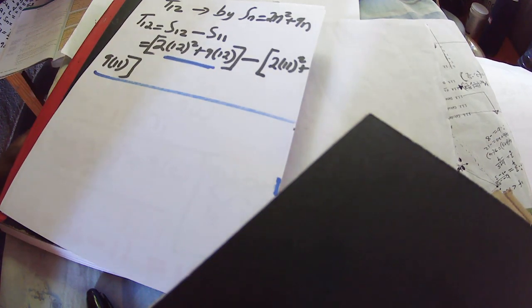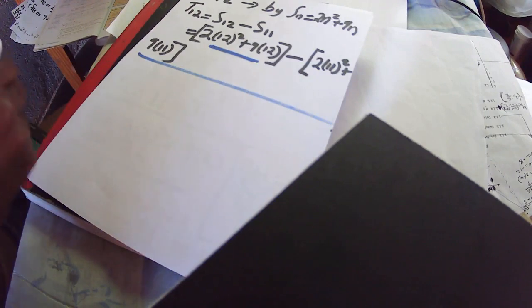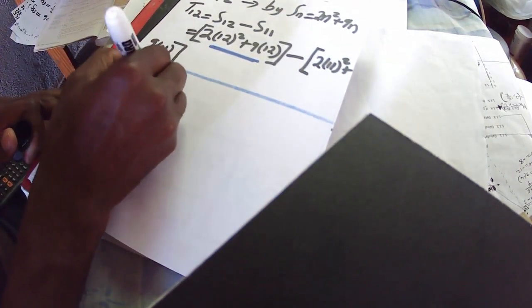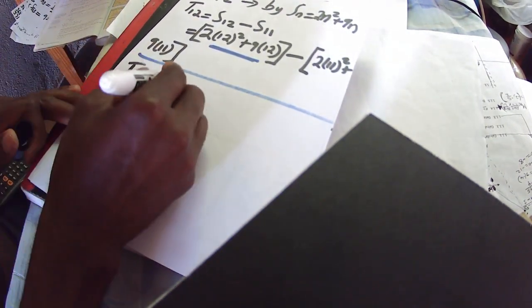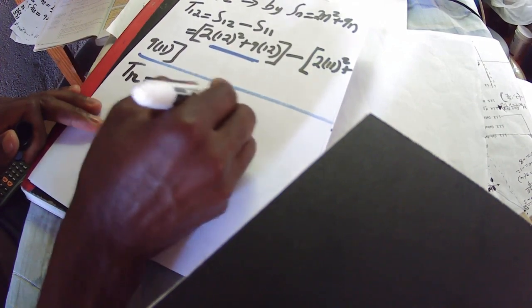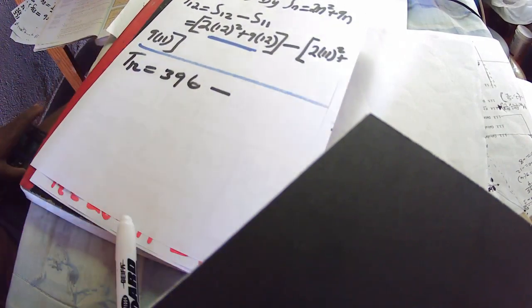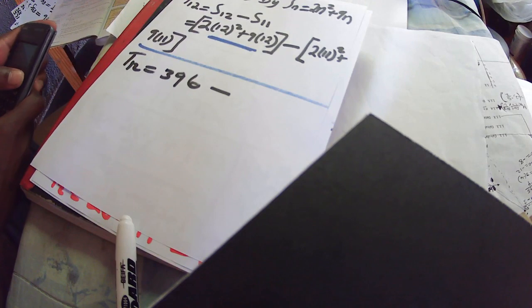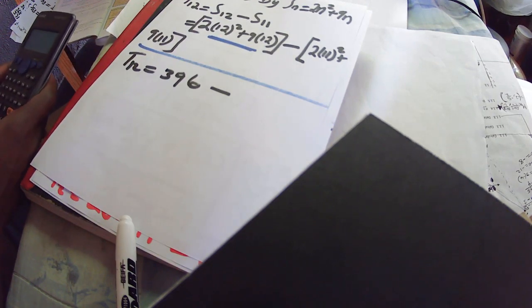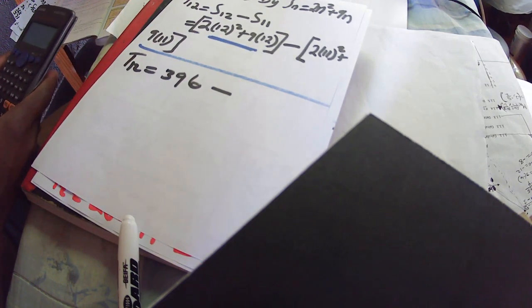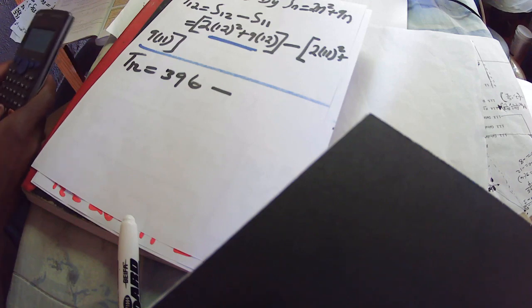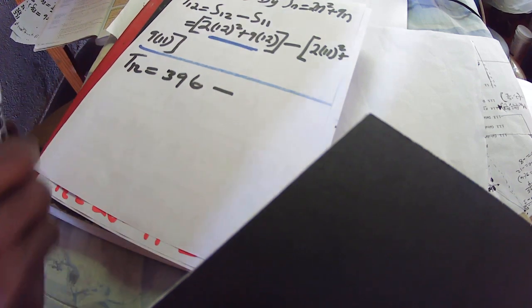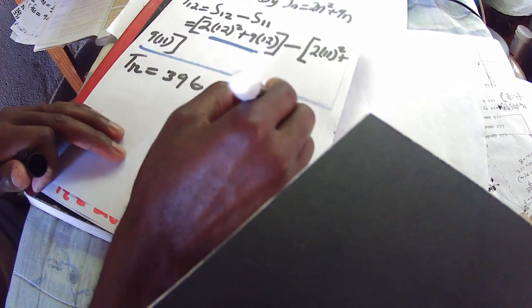That is 2 times 144 plus 9 times the 12, so I get 396. So T12 is equal to 396 minus, we are not done, so we're subtracting the other bracket, that is 2 times 11 squared plus 9 times 11, that is 341.